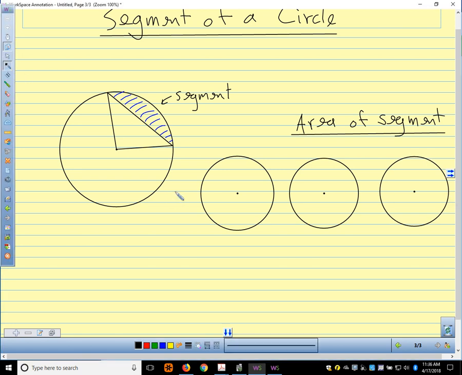All right, so the area of a segment. We're going to find the area of the sector first. So we're going to find that area. Then we're going to find the area of this triangle.